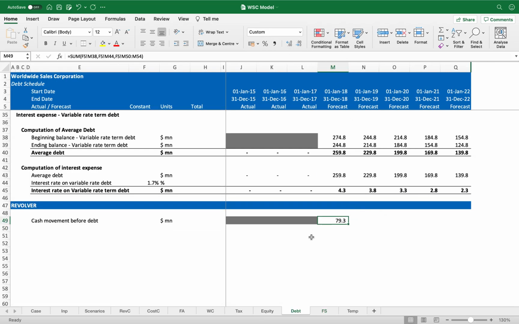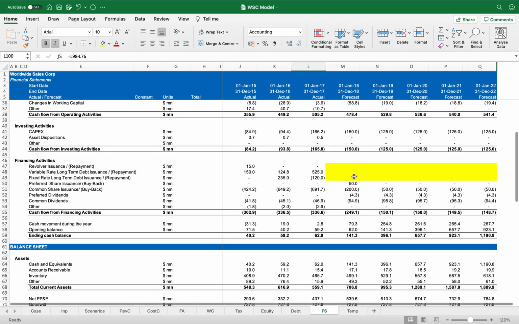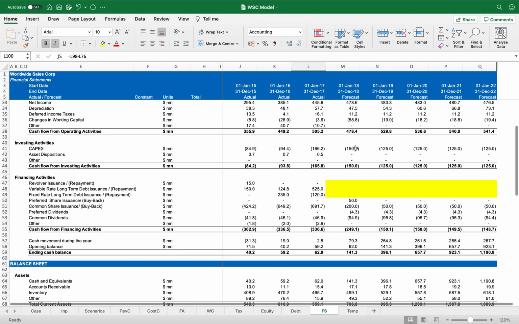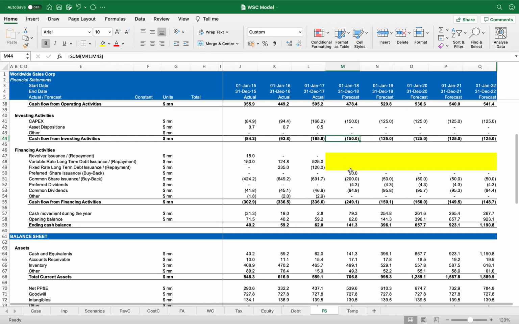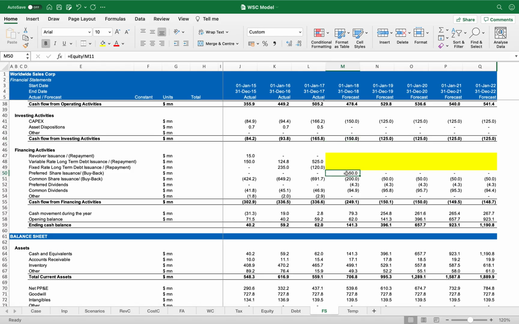Okay, so how have I arrived at this number? Sum of cash flow from operating activities plus cash flow from investing activities plus individually preference shares, common shares, preferred dividends, common dividends and other. I am not linking this to the total, and do not make this mistake.